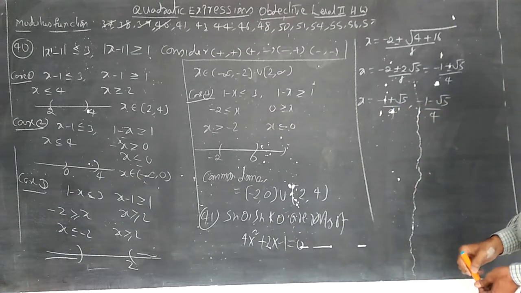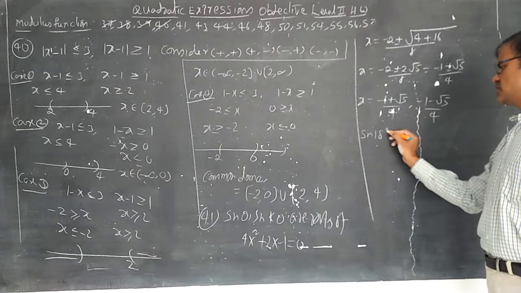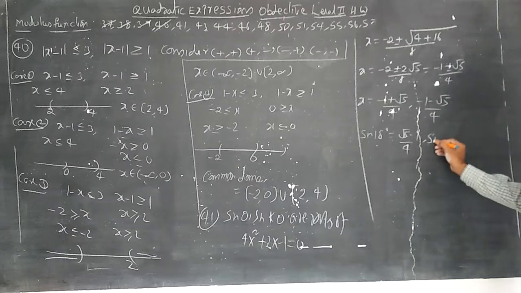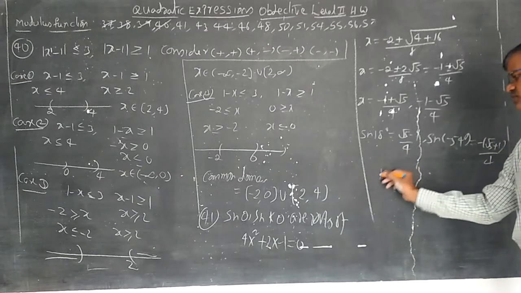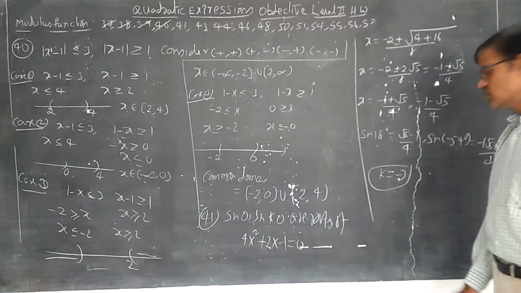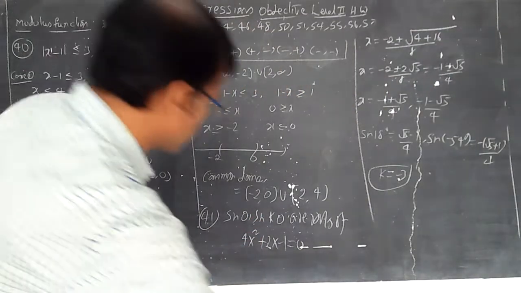This is the logical thing. Yesterday already we have done this one. Sin 18 degrees is equal to, we know, root 5 minus 1 by 4 and sin of minus 54 degrees is equal to minus of root 5 plus 1 by 4. So according to options here, k is equal to minus 3. Sin 18 comma sin of minus 54 are roots of this equation.